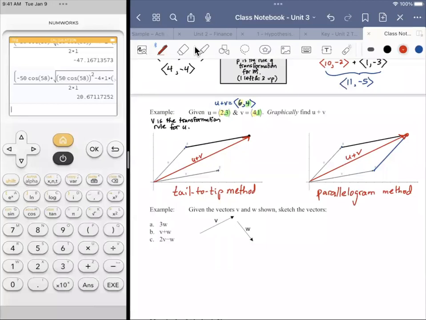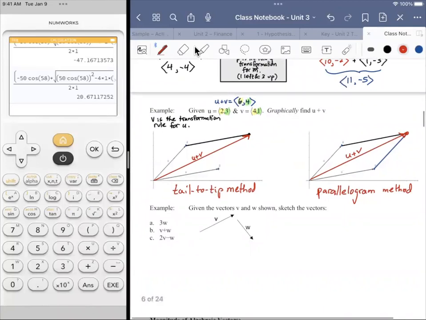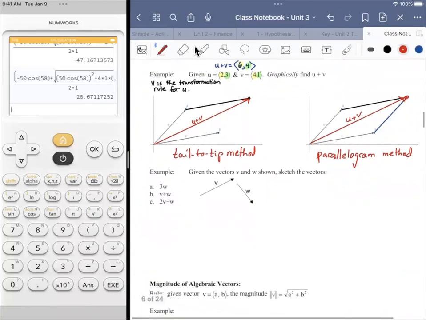The thing that math teachers like about the parallelogram method is that you could use your knowledge of triangles to solve for missing sides and angles. So it incorporates more of the law of sines and cosines. But the whole point behind me showing you vectors is so that you can have an alternative to the law of sines and cosines.